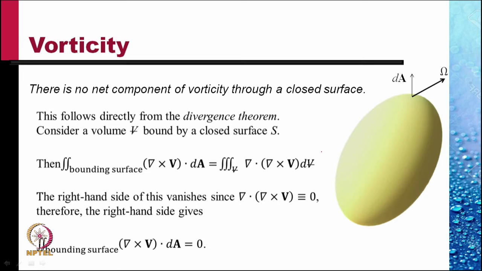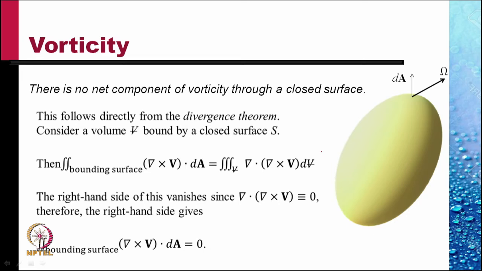The divergence theorem states that if we consider a volume V bounded by a closed surface S, then the integral over the bounding surface of curl V dot dA is the integral over the volume of the divergence of curl V dV.